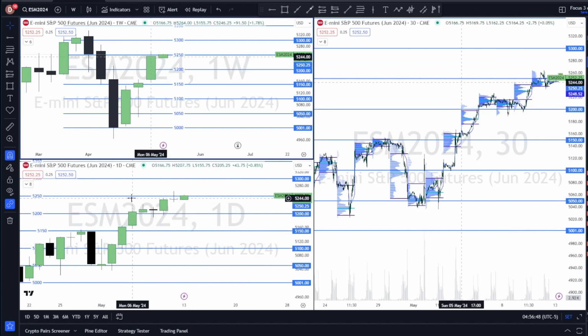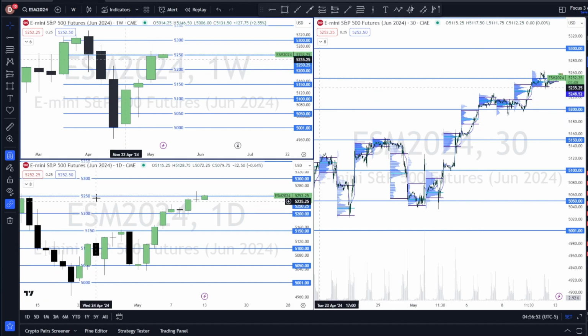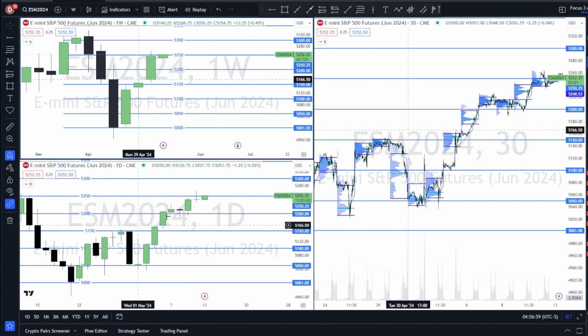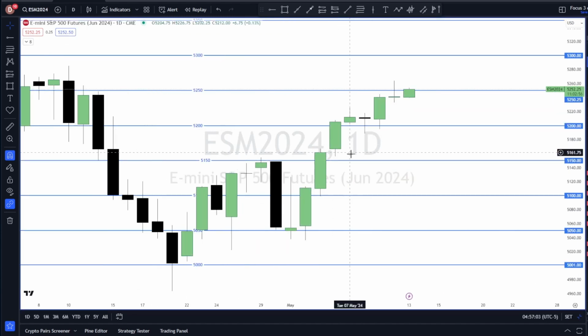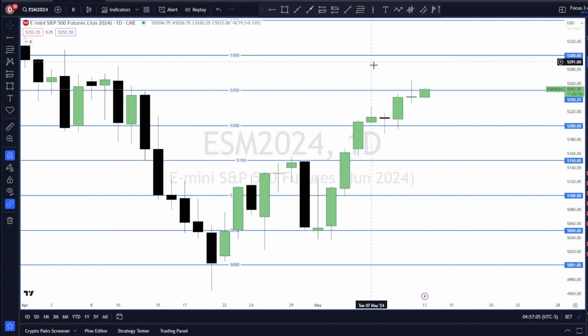I cleared out all my levels except for the basic psychological levels here on the 5350, 5300, 5250, and so forth, all the way down to 5000. Okay, so let's go into the daily here and dig into this one a little bit and see what kind of levels we can come up with.